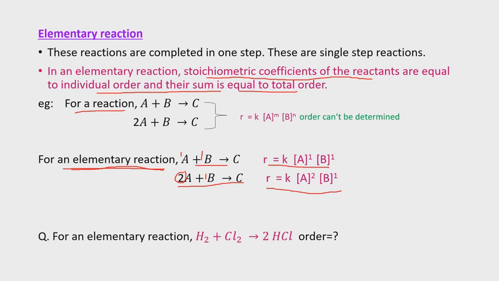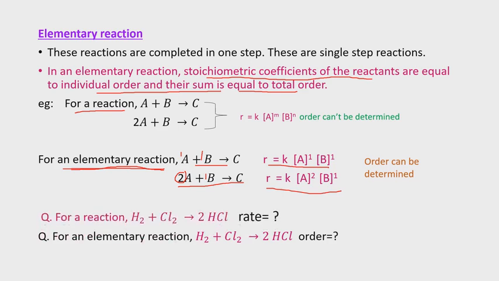Look at the question. For an elementary reaction, H2 plus Cl2 gives rise to 2HCl. What about the order? This is the homework for you. Next question. For a reaction H2 plus Cl2 gives rise to 2HCl, rate equal to? That means how can you write the rate?